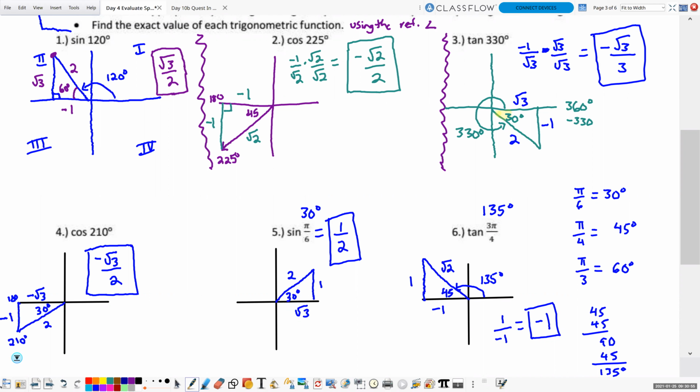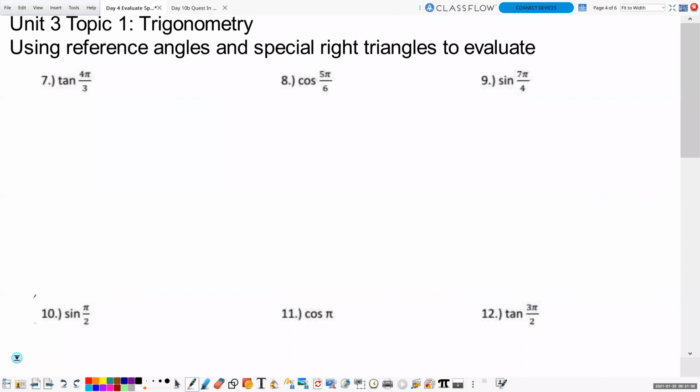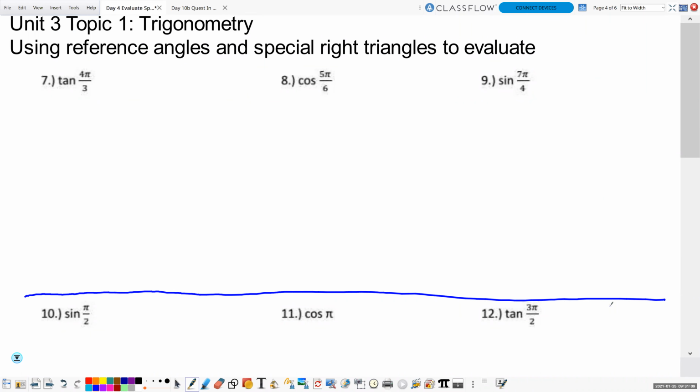So this is what I want you to do. I want you to work on 7, 8, 9. Do not go on to number 10 yet because it's weird and you'll be like, I am scared. So just do these 3. I'm going to give you a couple minutes to work. And this is kind of awkward because I don't know you. Some of you don't know me, but do your best. If you need help, unmute yourself or send me a message. Harry Potter and I will help you. Right, Harry Potter? He says right.